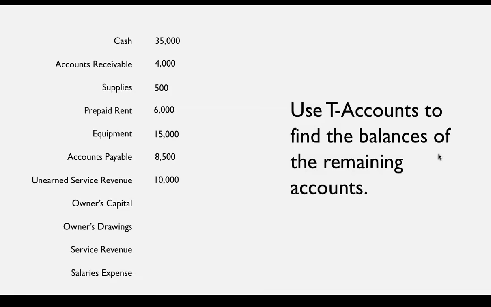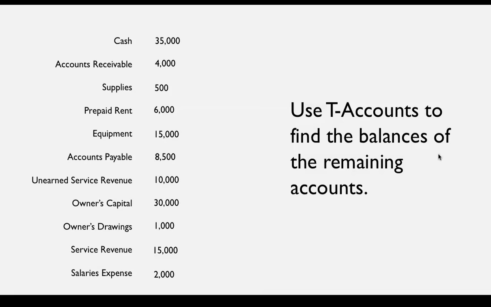Unearned revenue, 10,000. Owner's capital, 30,000. Owner's drawings is 10,000. Service revenue is 15,000. And salaries expense is 2,000. So we now have the balances in each of those accounts.